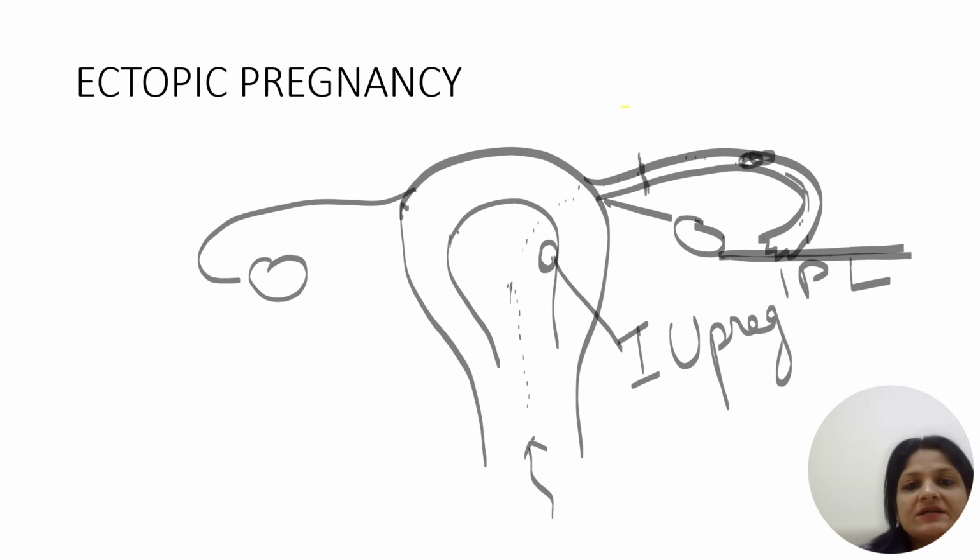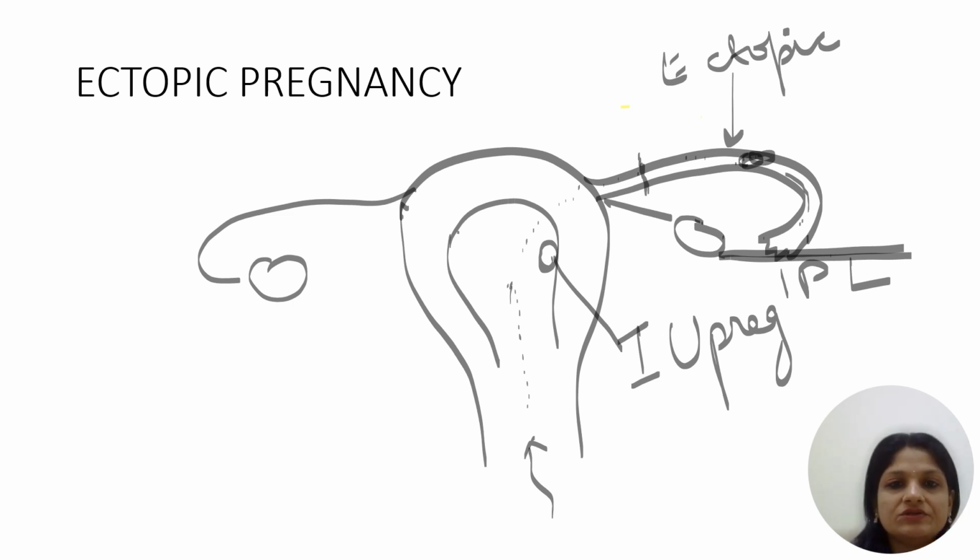But in an ectopic, because the tube is distorted, it is blocked somewhere, the ovum cannot travel back into the endometrial cavity, resulting in an ectopic. So that is the reason why most ectopics you can see inside the fallopian tube. More than 90% of the ectopics occur in the fallopian tube.